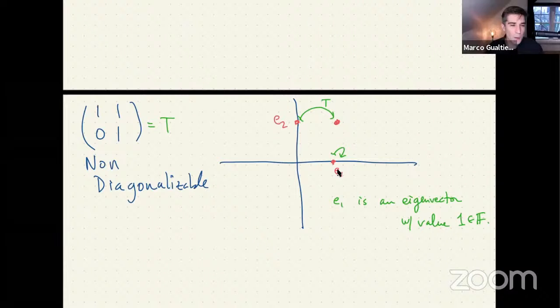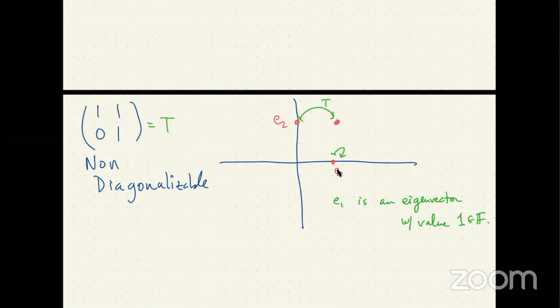The zero vector doesn't help you decompose or understand anything because it's always sent to zero. In the definition of an eigenvector, it must be non-zero. You need it to actually span an actual subspace. So what was the reason that we couldn't pick E2 as an eigenvector? Because it's not sent to itself. Because T of E2 is E2 plus E1.